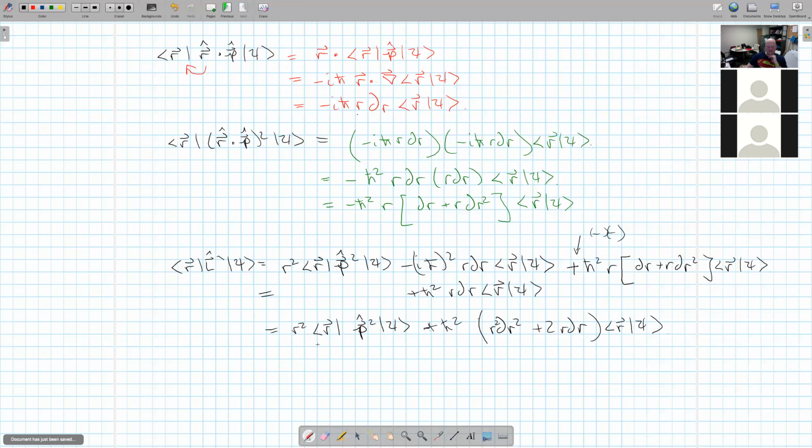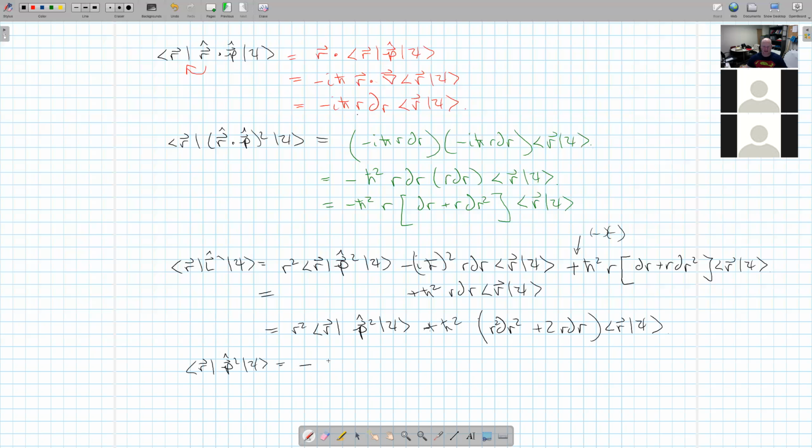So good. So basically from here, what this says then is that, again, this is pretty much the kinetic energy term of the Hamiltonian, which means if I solve for this, I'm simply going to take these two things and subtract them over here and then divide by 1 over r squared, right? Or divide by r squared. So finally, from here, what I get then is that r p vector hat squared psi is then equal to, so let me do it in this fashion.